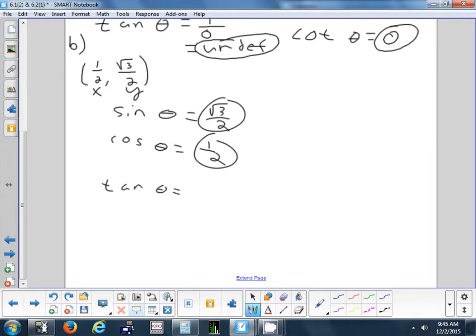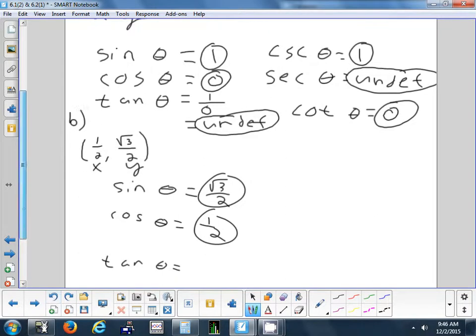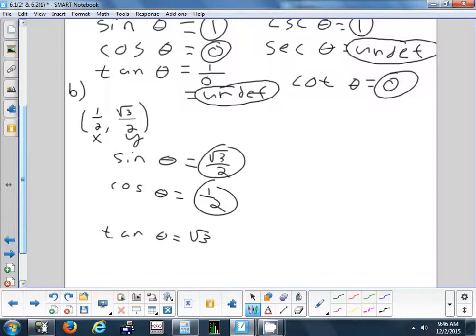And for tangent, we're taking y and we're dividing by x. Sometimes I just imagine drawing a division right there. That's y divided by x. If I did that, what would cancel out? The 2's. I have the same denominator. So it'd be square root of 3 divided by 1. You could put divide by 1, or you could just write square root 3. Okay, my cosecant.